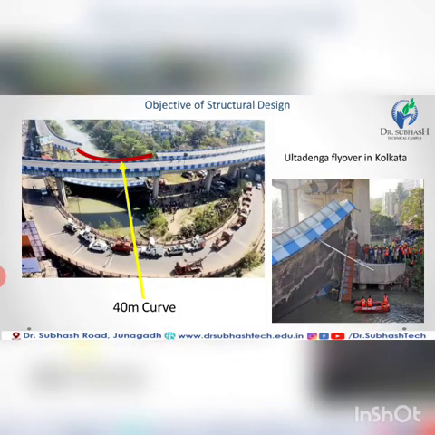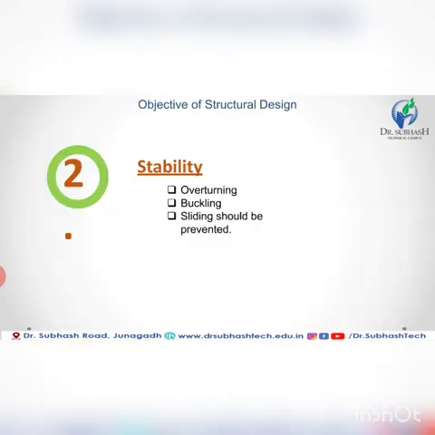Next, 40-meter curve and collapse, flyover, Kolkata. Stability. What is stability?